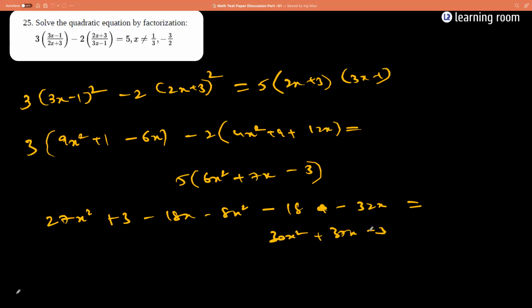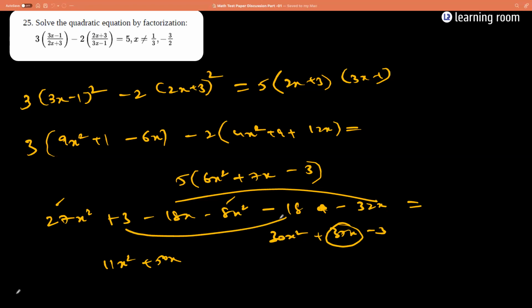So what will we get? 27 minus 8, 19. So 30 minus 19 is 11x square. This is minus 15. So 35 will become plus 50x. Minus 15, going to the other side, it goes plus 15 plus 12.